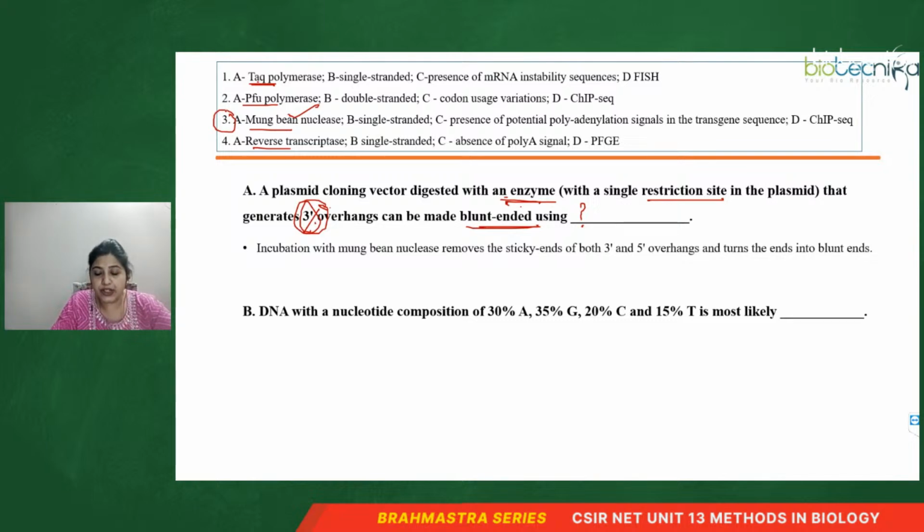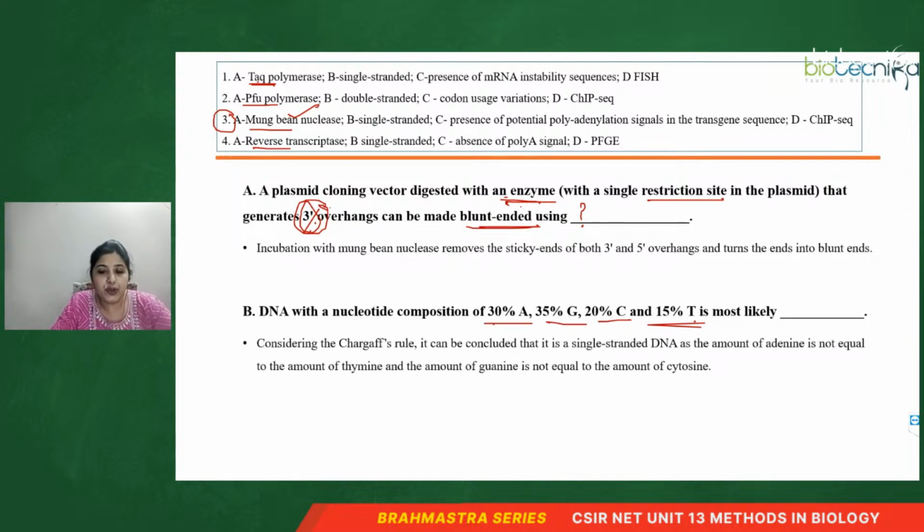So if we see statement B, DNA with a nucleotide composition of 30% A, 35% G, 20% C, and 50% T. If you are familiar with Chargaff's rule, you know that in double-stranded DNA, adenine should be equal to thymine. Here adenine is 30% only and thymine is 50%.